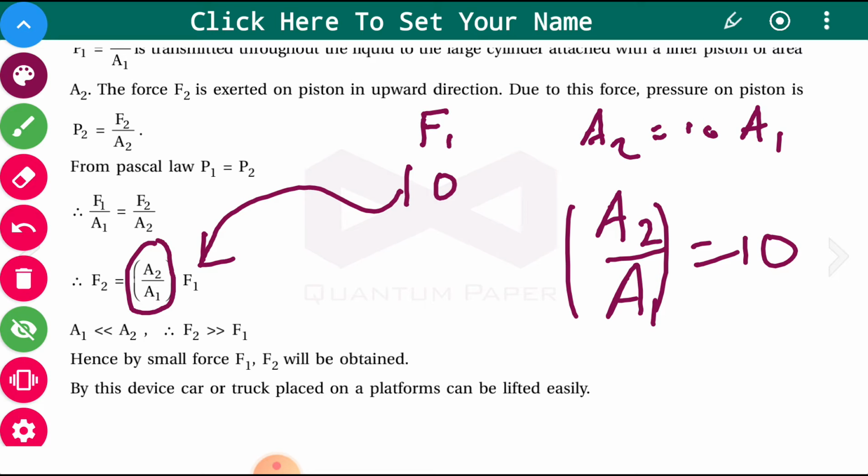The force acting on the second cylinder will be 100 Newton. Hence a small force F1 generates a large force F2, and by this device a car or truck placed on the platform can be lifted easily.